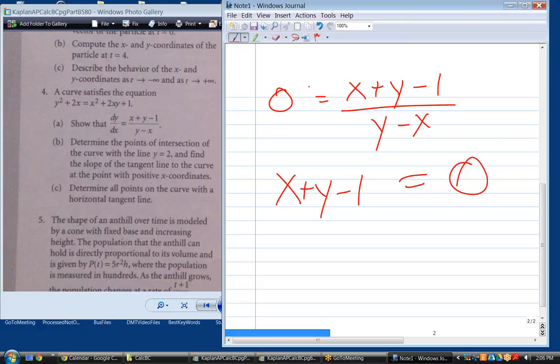They're already telling us that this quotient equals 0. It's not like they're telling us this quotient equals 1. If this quotient were equal to 1, then it's possible the numerator could be 0 and the denominator could be 0. But the fact that they're telling us it's equal to 0 definitely tells me the numerator is equal to 0.